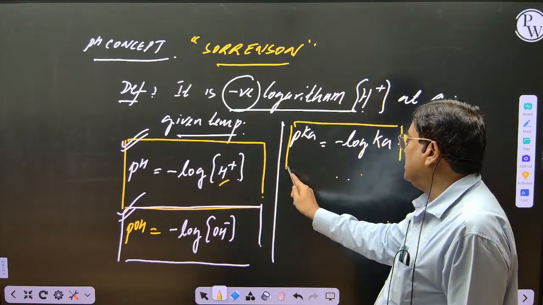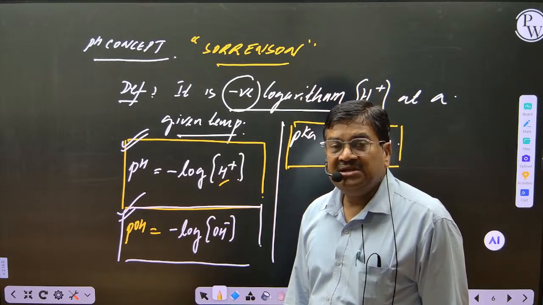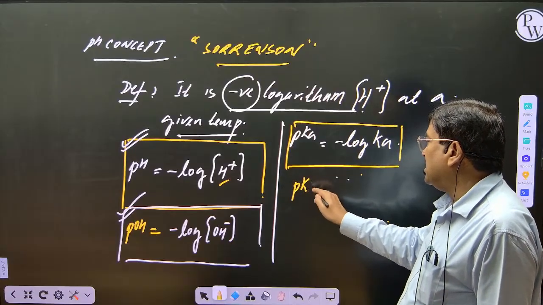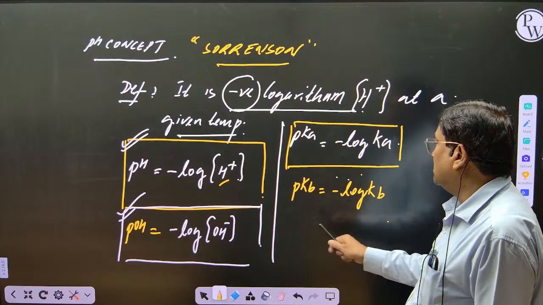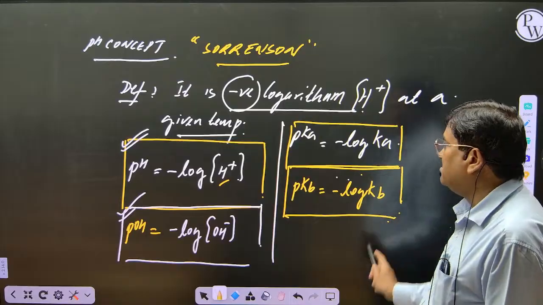We can apply it for constants like pH, pOH, and pKa. What is Ka? The dissociation constant for an acid. So pKa is minus log of Ka. And for a base we write the dissociation constant for base. pKb is equal to minus log of Kb.